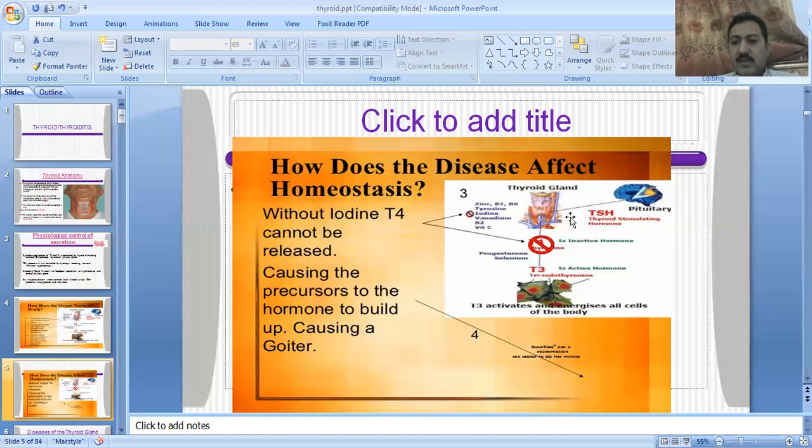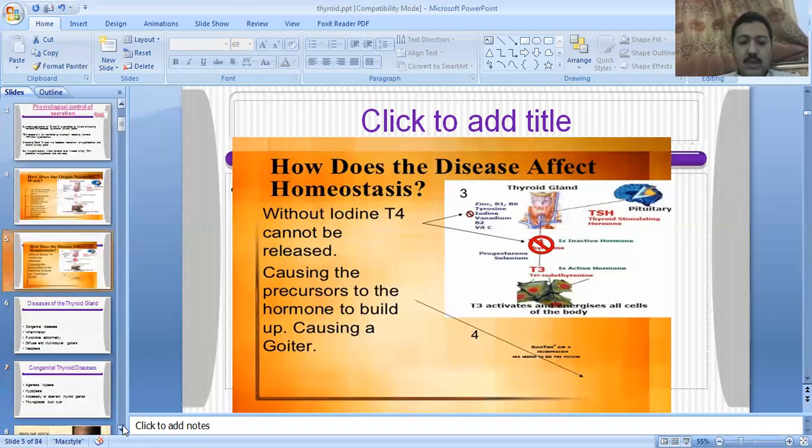So in cases when there is a deficiency of minerals like iodine and others, T4 will not be produced by the thyroid gland, and the thyroid gland will swell up because of the repeated stimulation by the TSH, and goiter will be produced in those cases. So this was the process of how, in disease cases, the thyroid gland swells up.